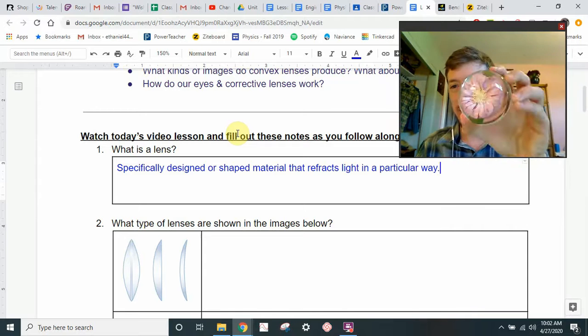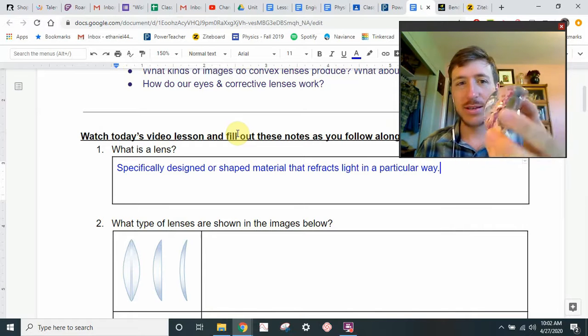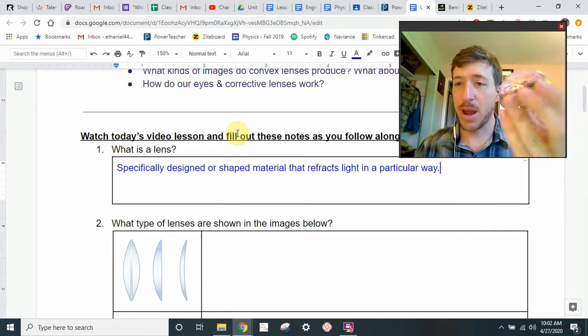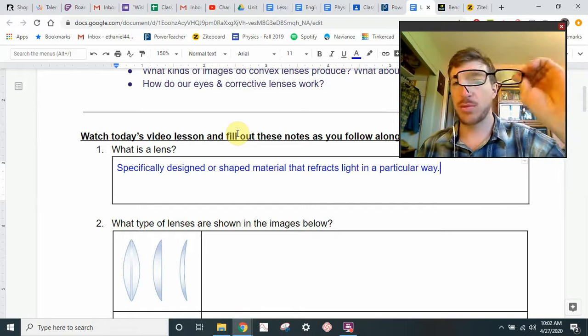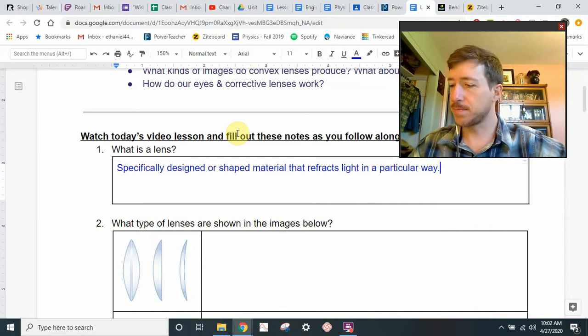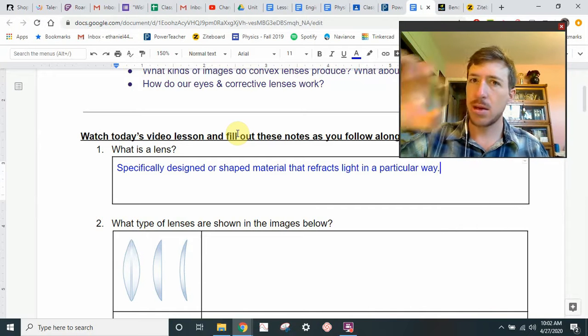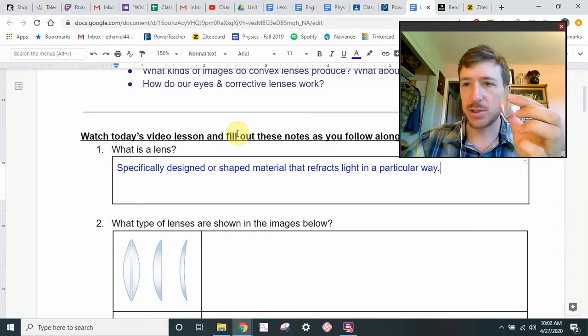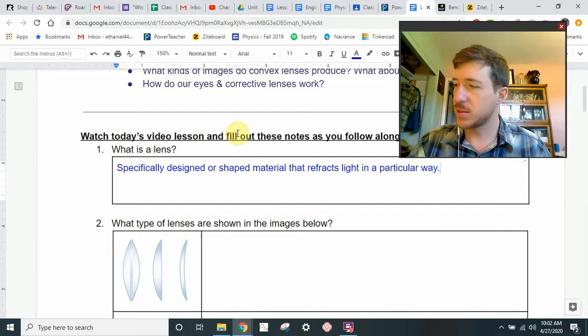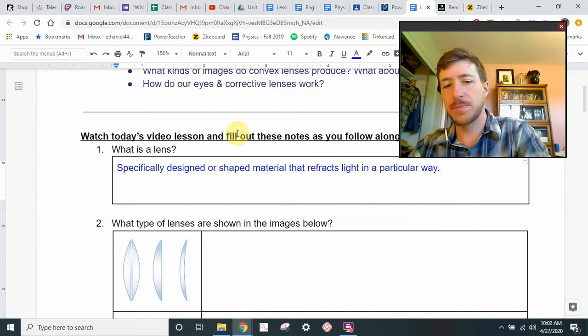I found this little paperweight at my mom's, which is a spherical shape that magnifies flowers, kind of cool. Eyeglasses, either readers or other types of glasses. Or you can even get these nicely shaped, actual specific lenses that I have. So you'll see lenses all over the place.